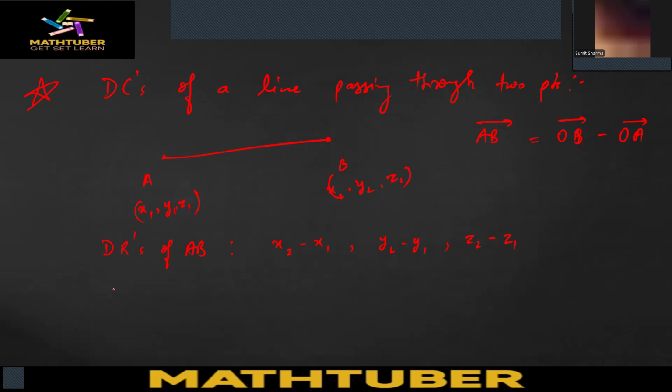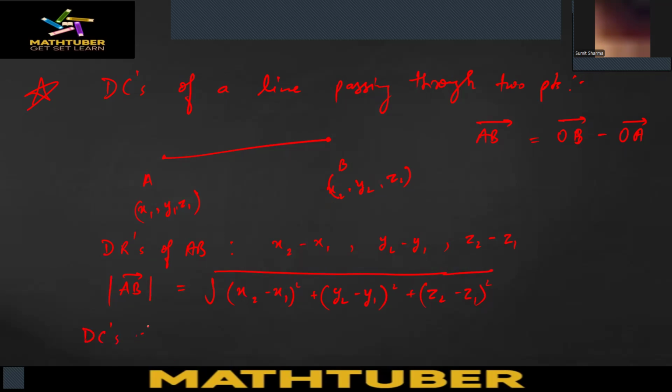Now, if we talk about the direction cosines, we first have to find the modulus of the AB vector, which is under root of x2 minus x1 whole square plus y2 minus y1 whole square plus z2 minus z1 whole square. Then if we divide all the direction ratios by the magnitude of the AB vector, we get the direction cosines.